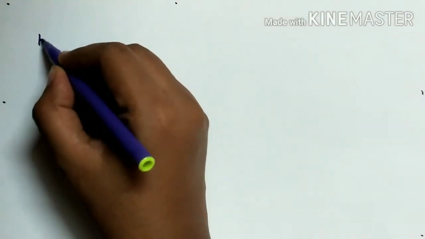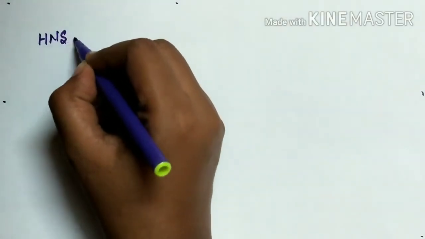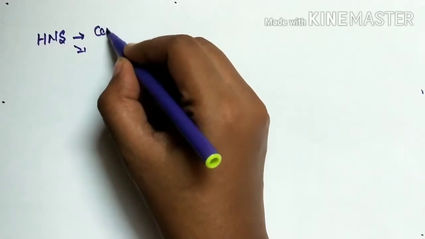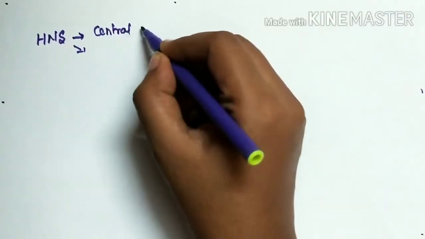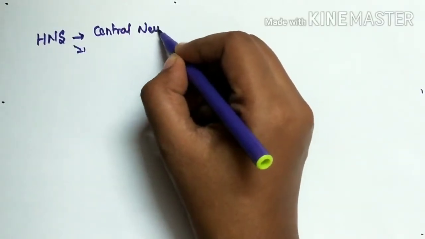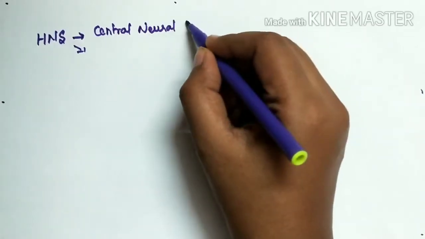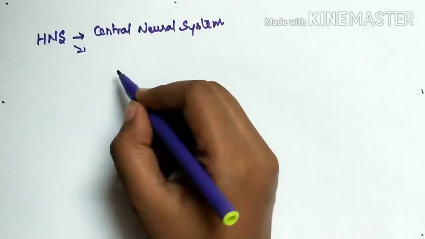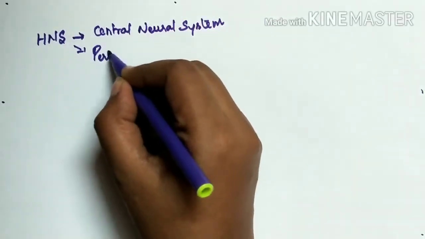In this session, we will see an overview of the brain. The human neural system can be divided into two. The first is the central neural system. The other one is the peripheral neural system.